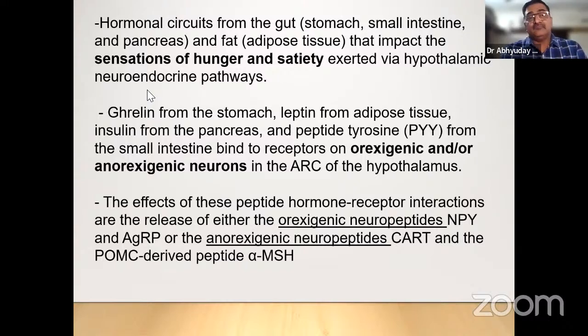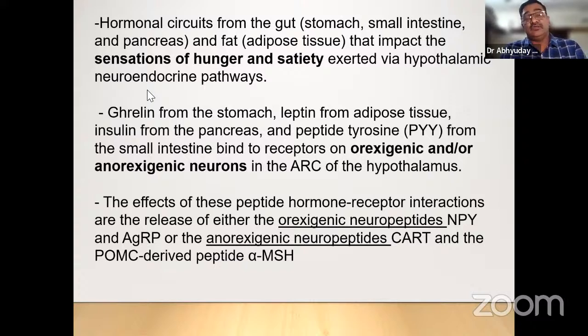Ghrelin is secreted from the stomach. Leptin is secreted from adipose tissue or fat. Insulin comes from the pancreas and peptide tyrosine YY from the small intestine. They bind to their receptors on orexigenic or anorexigenic neurons in the ARC of the hypothalamus.